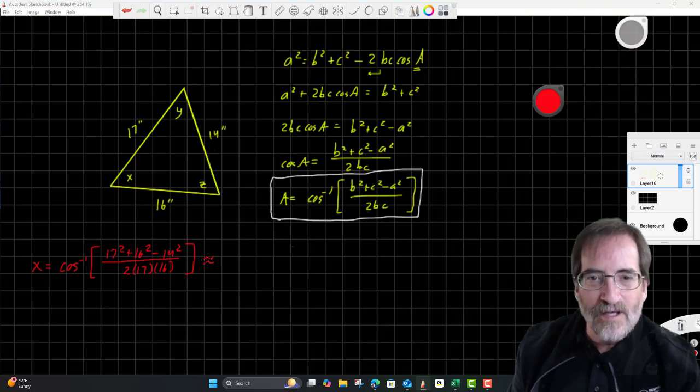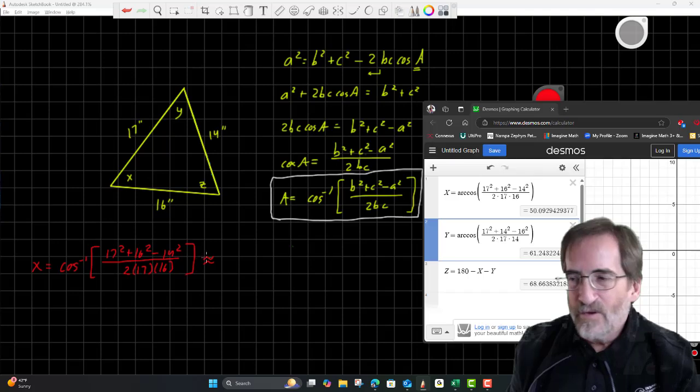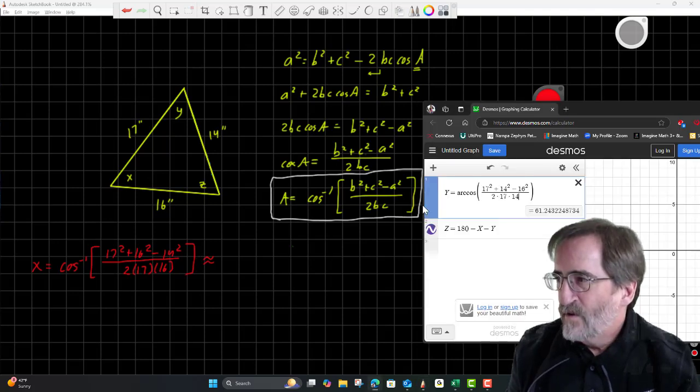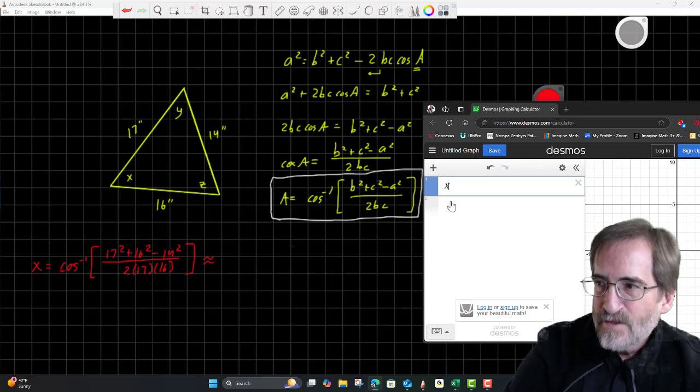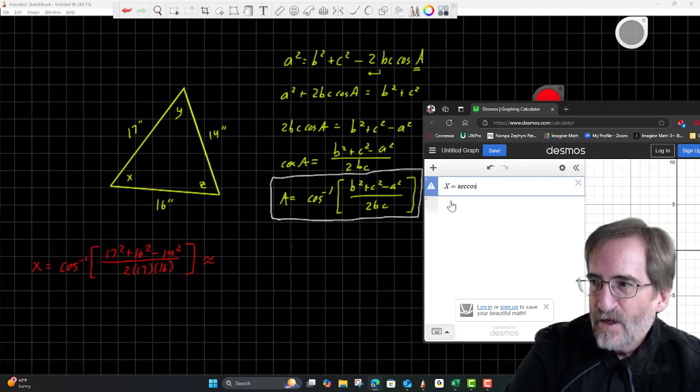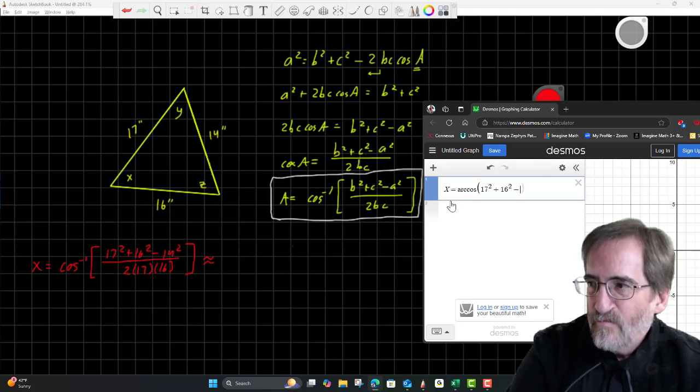Okay, let's plug it into Desmos. This can be a little tricky to enter here. So we've got capital X equals, got to use capital X because it won't let you use lowercase x, arc cosine, A-R-C-C-O-S, parentheses, 17 squared plus 16 squared minus 14 squared.